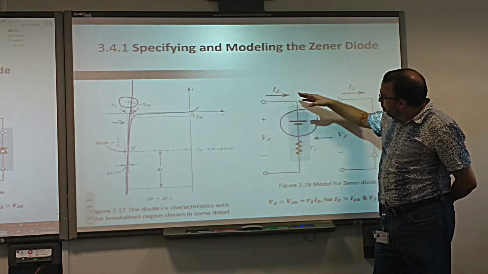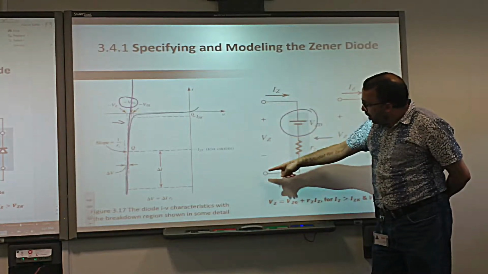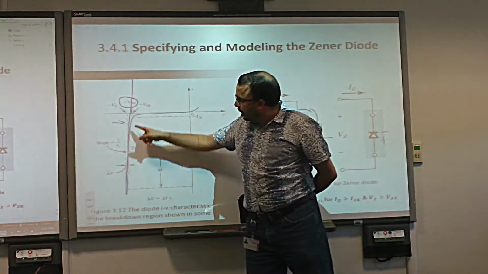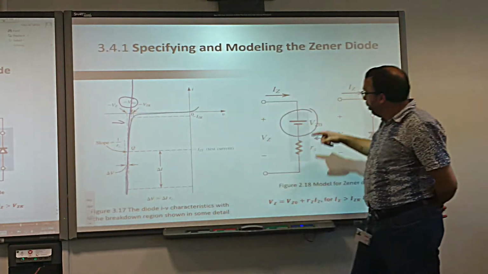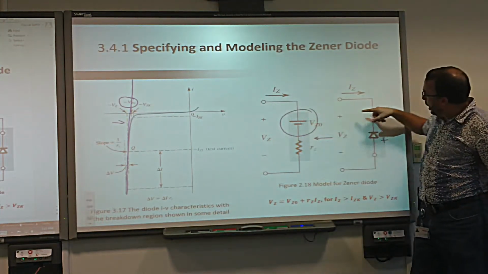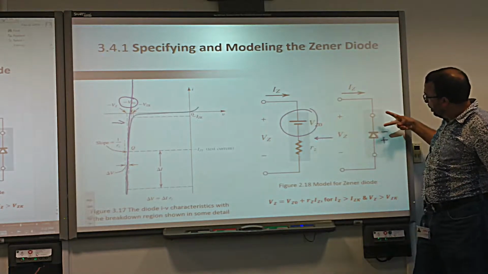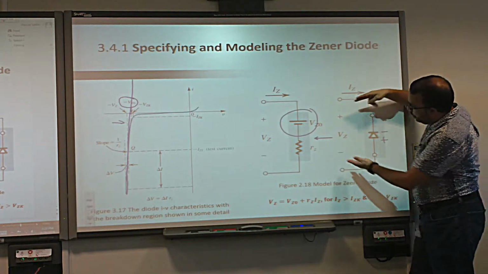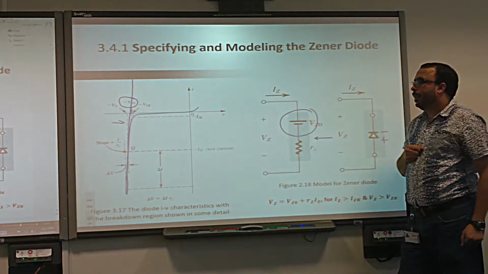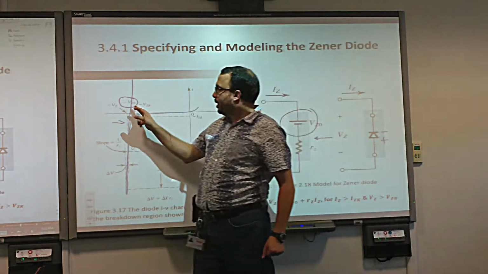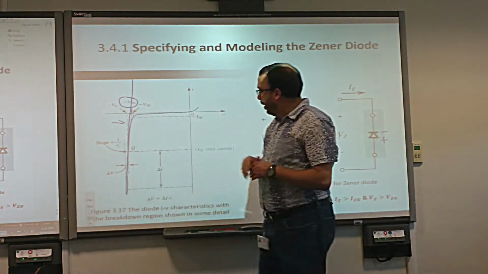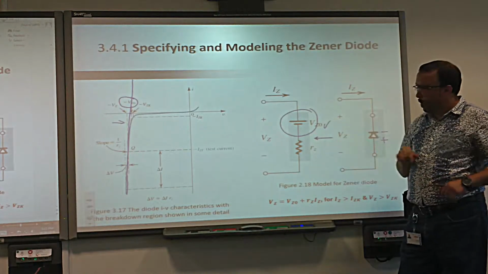So when the current is equal to 0, the voltage across the Zener diode in the breakdown will be only this one. That's called VZ0. This is how we get it. Very good. So now we understand where this comes from.